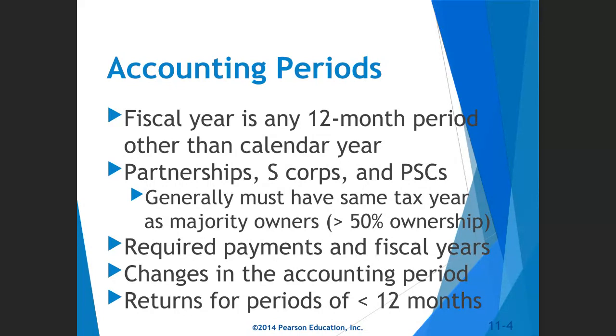The accounting methods used to compute taxable income generally must be the same as those used in keeping the taxpayer's books and records and determine when income and expense are reported, not necessarily affecting the amount of income reported over the life of the business.